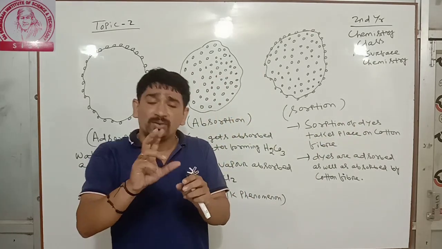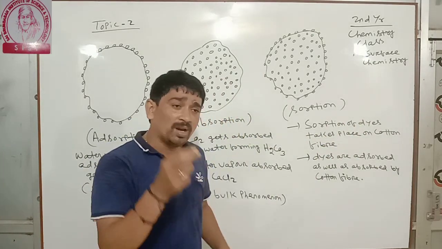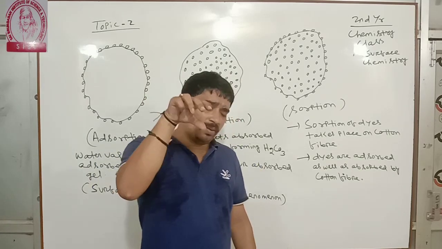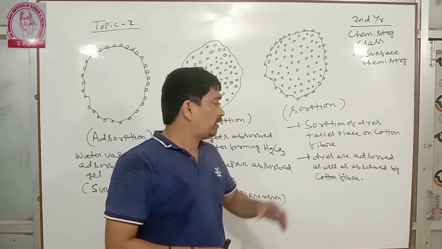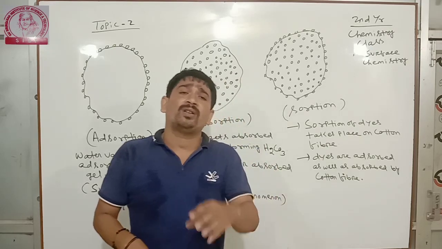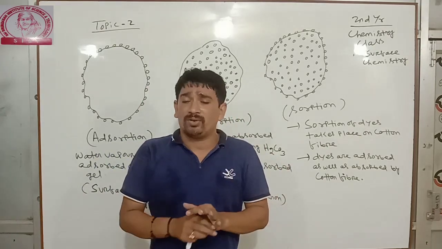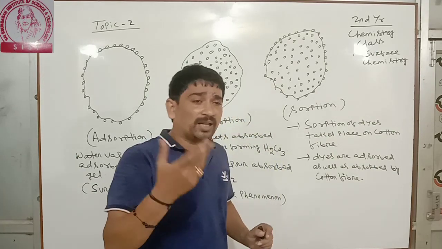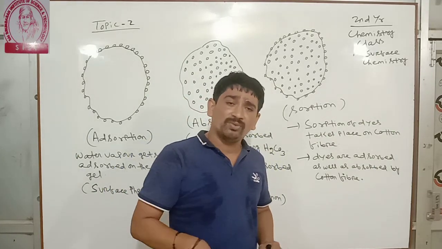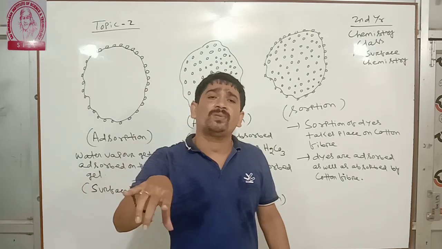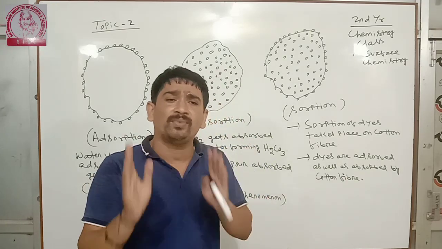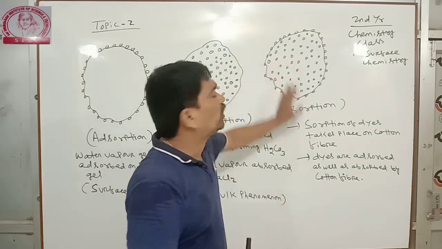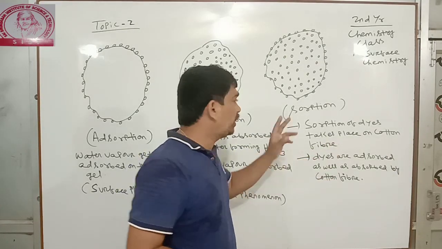Suppose you are using Ujala, this is the best example. Whenever you use the dye Ujala on white clothes, both adsorption and absorption take place on the cotton fiber. That is called sorption.